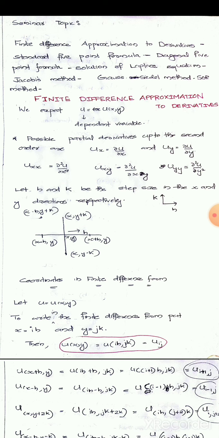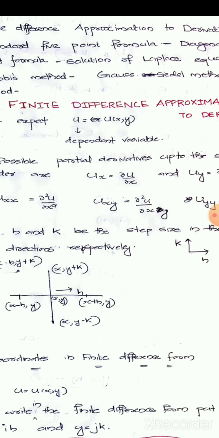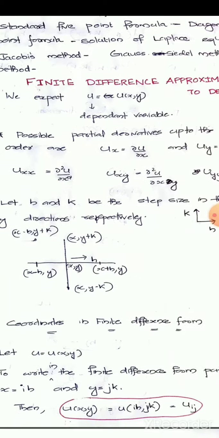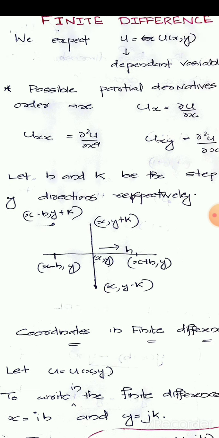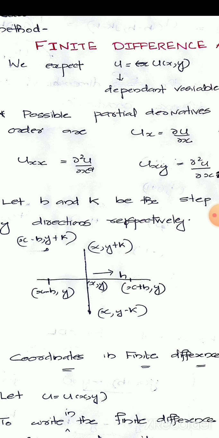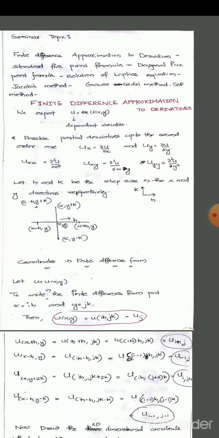Suppose the function we take is u = u(x, y); then u is the dependent variable and x and y are independent variables. In an ordinary differential equation, we can write the step size easily. But the numerical solution of a partial differential equation in two dimensions is quite difficult, because the partial derivatives that arise are ux, uy, uxx, uxy, uyy, etc.